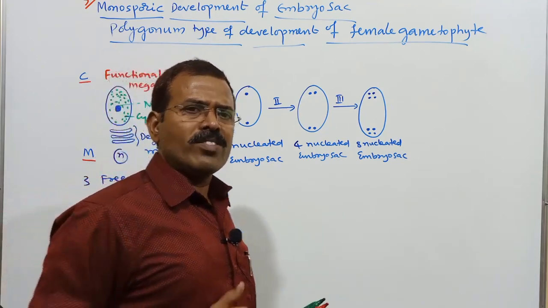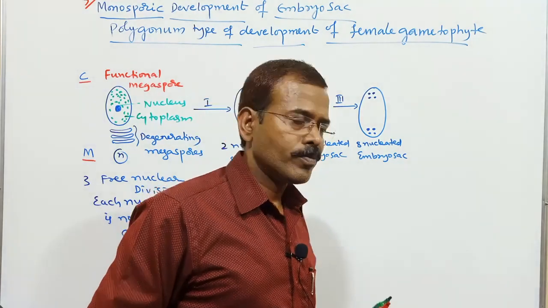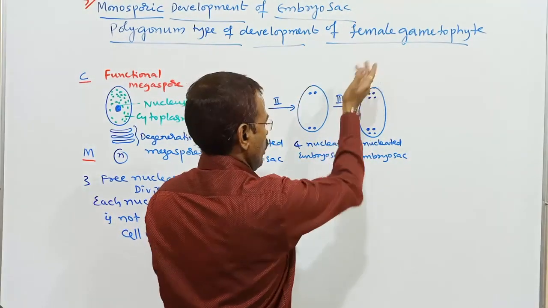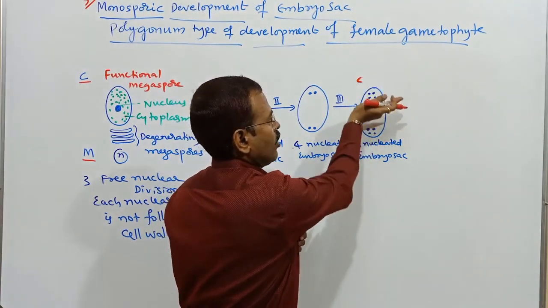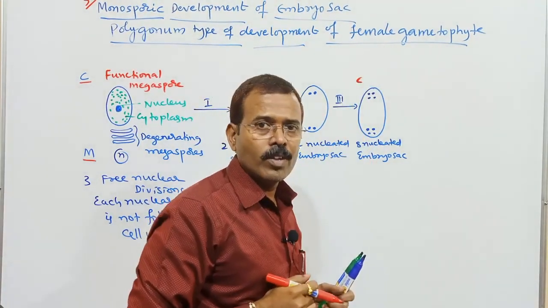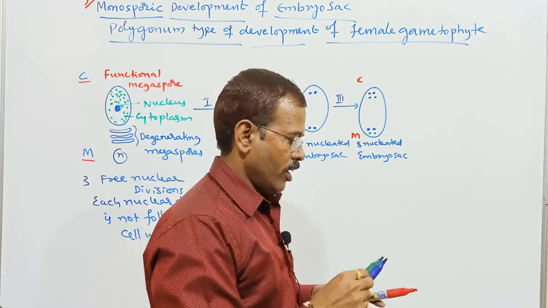After the formation of 8 nuclei in this embryo sac, 3 nuclei will remain towards the chalazal side, and 3 nuclei will remain towards the micropylar side.